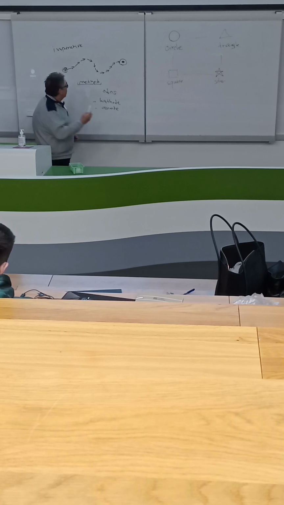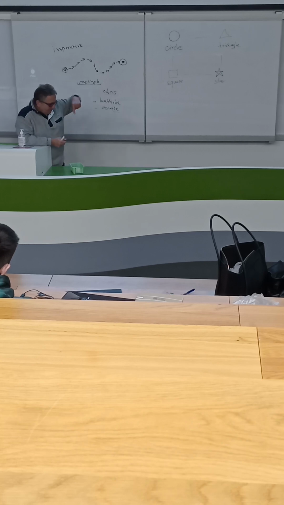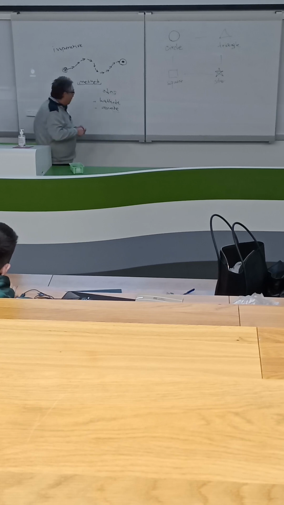This is the same. This is odos, way. Cathode means down in Greek. Ano means up in Greek. So this is way down or way up. Easy.